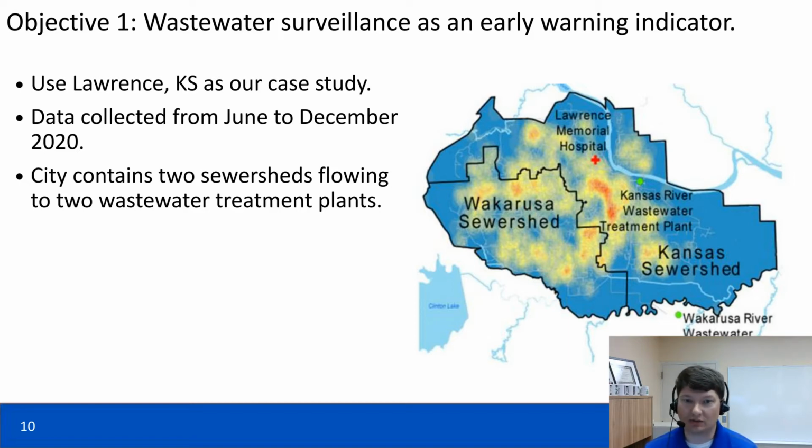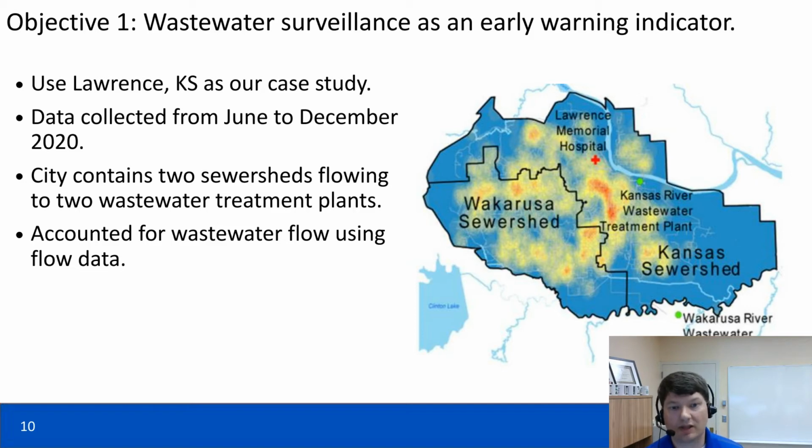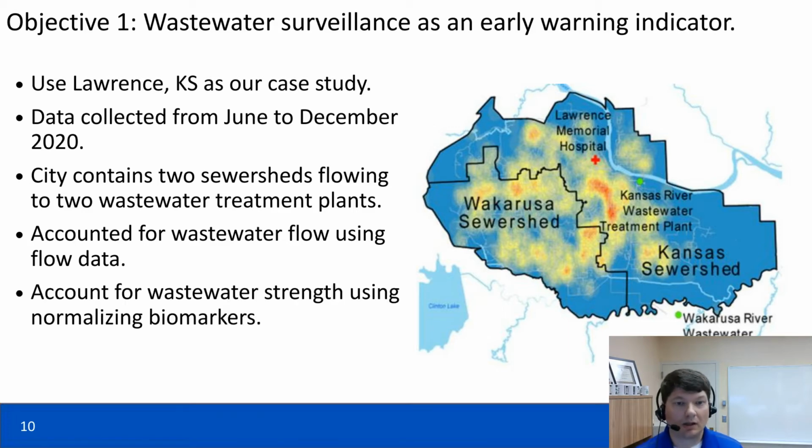And so realizing those differentiating flow patterns was really important to account for when we were looking at our SARS-CoV-2 concentrations and making that connection back to the case data that we were getting. So again, we accounted for that wastewater flow as the Wakarusa sewer shed flowed to both utilities.